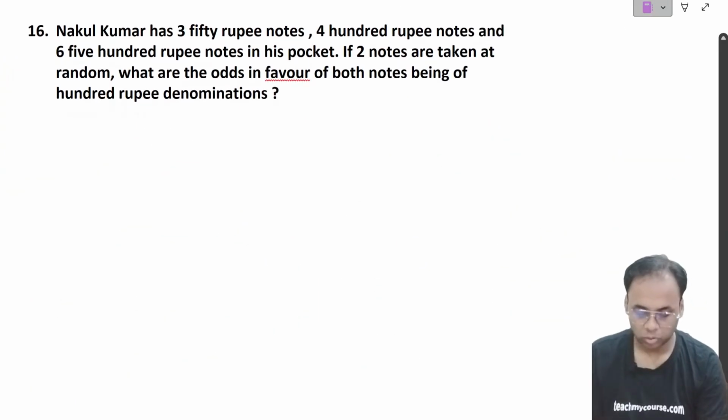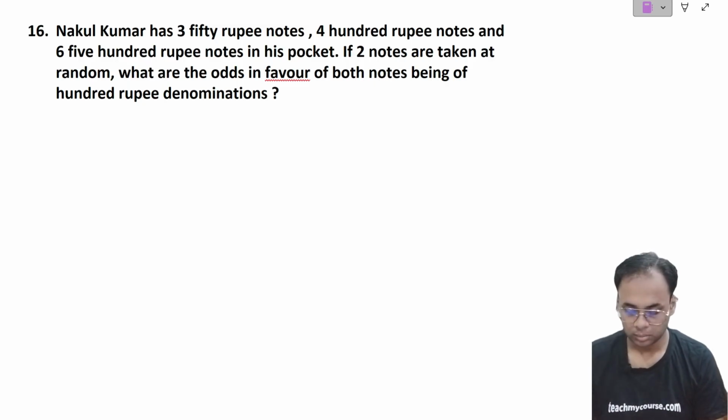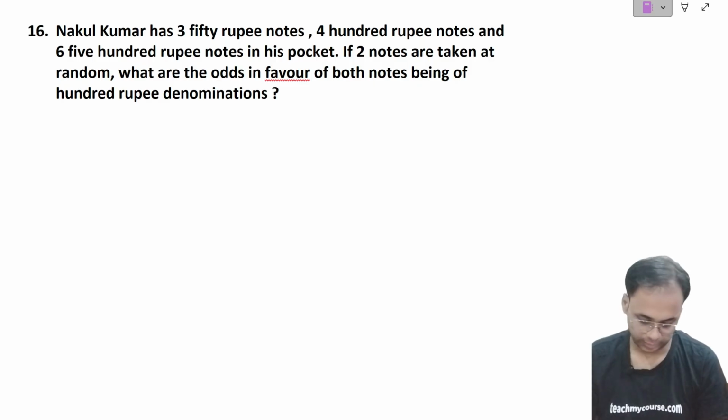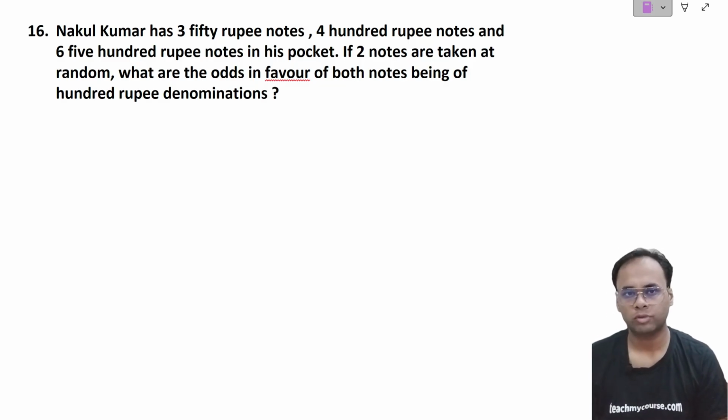Next we have: Nakul Kumar has 3 50 rupee notes, 4 100 rupee notes and 6 500 rupee notes in his pocket. If two notes are taken at random, what are the odds in favor of both notes being of 100 rupee denominations? So this is a problem which is based on probability, but which involves the concept of combination, which is the selection part.